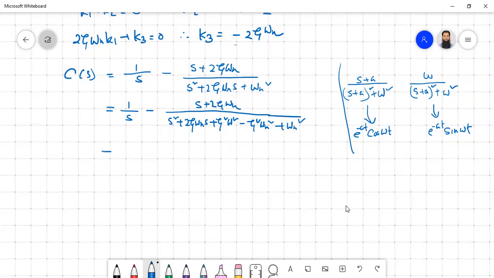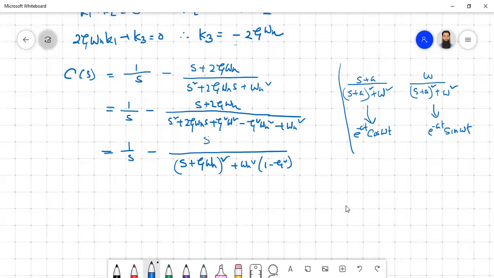Okay, so now 1 by s minus the denominator, what we have is s plus zeta omega n whole square, minus, you can take omega square common. So if you take omega square common, then we have omega square, then you have 1 minus zeta square.